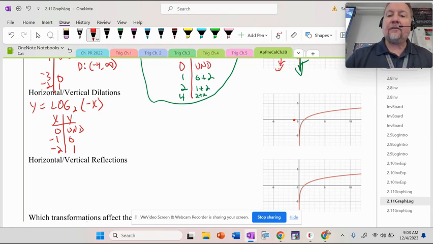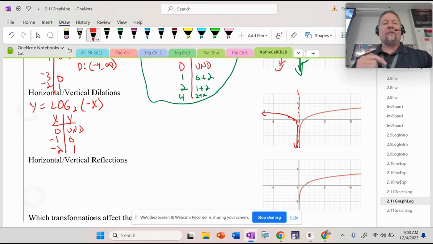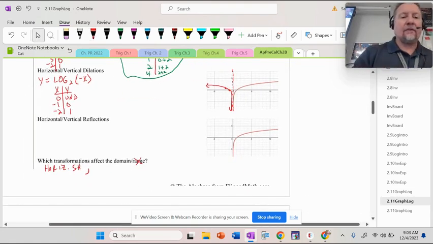This should be enough. All right. And then that changes the domain for sure. So there's this graph. All right. And that's the red one. Okay. So the domain is actually affected by a horizontal dilation as well.